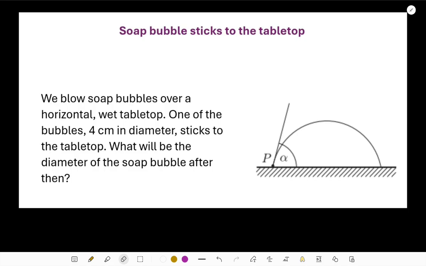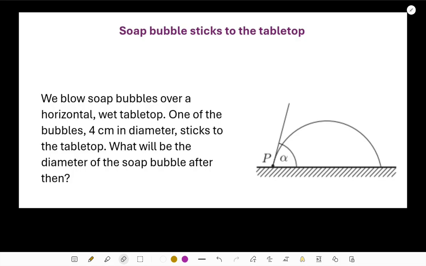According to the same reasoning, the bubble stuck to the tabletop is also a surface of constant curvature, so it must be some part of a spherical surface.